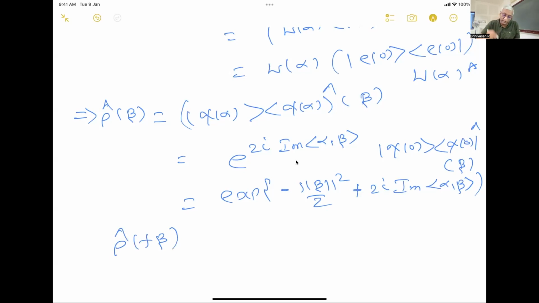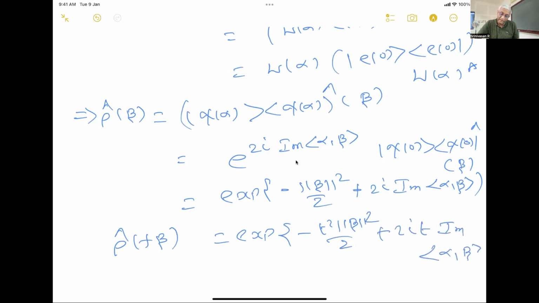Then this is going to be exponential minus T square norm beta square by 2, minus 2i T times imaginary part of alpha beta. These are all constant. This imaginary part of alpha beta, everything is constant. So whatever the constant that is coming there, that will be the mean, and this norm beta square by 2 will be the variance. So this we will see later.